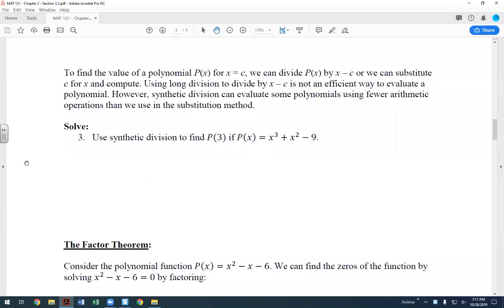So let me see what you guys can do here for number 3. They're asking again to use synthetic division to find p of 3 for the polynomial x to the third plus x squared minus 9.